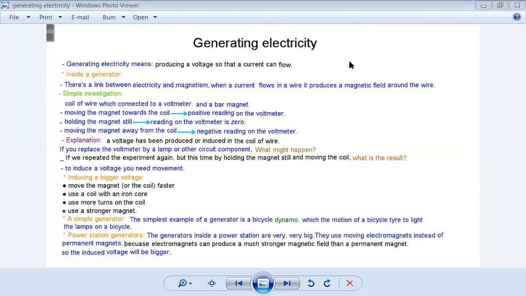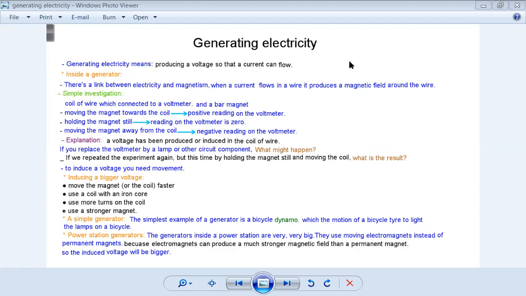At first we said generating electricity means producing voltage, that leads to current to flow. Inside the generator, there is a link between electricity and magnetism. Generators work with the movement of the magnets or the movement of the wire or the coil. If we move it towards the coil, we will have a positive reading.